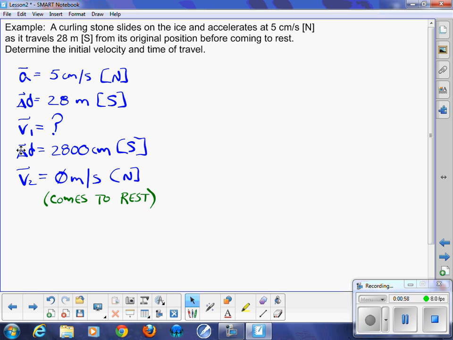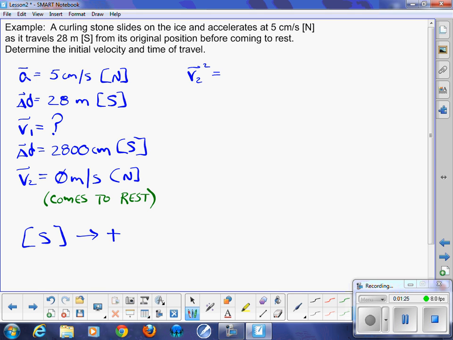Now below, I'm going to get in the habit of identifying my positive direction here. For argument's sake, I'm going to say that south is my positive direction. So that means anything that's south is a positive value in the formula. Anything that's negative, or north, will be negative. So I know A, D, and V2. There's only one formula that will work here.